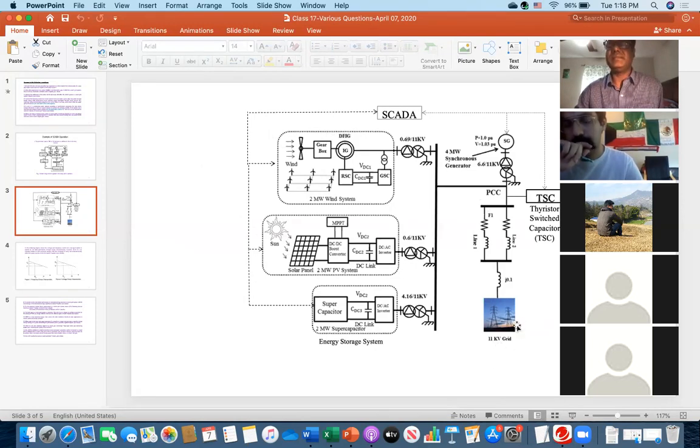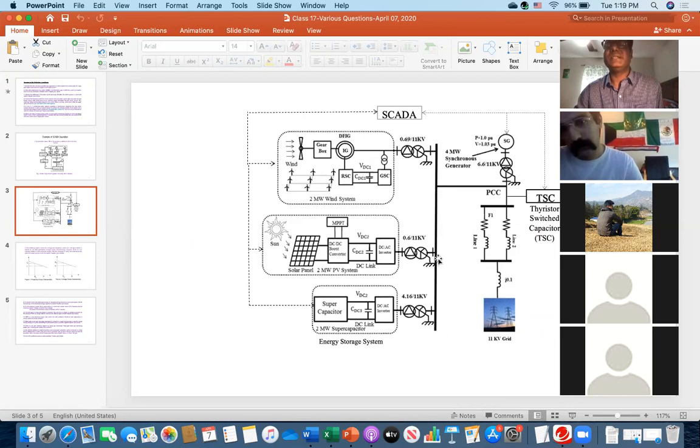So this is the main power grid. And you can see there is a control device which is called TSC, thyristor switched capacitor. This is a controller for this system. Now everybody see that the wind farm is producing 0.6 kV, and then on the secondary side of the transformer it is 11 kV, and that is attached to this common bus.